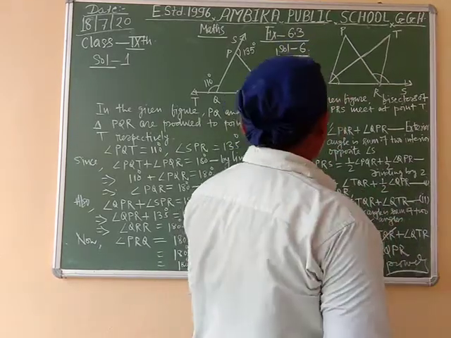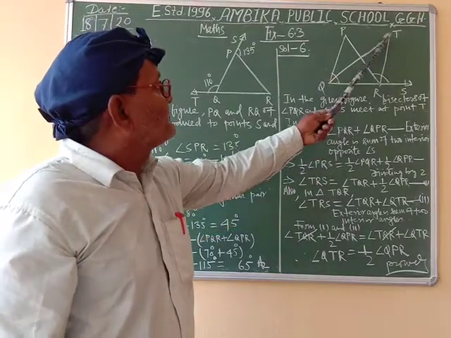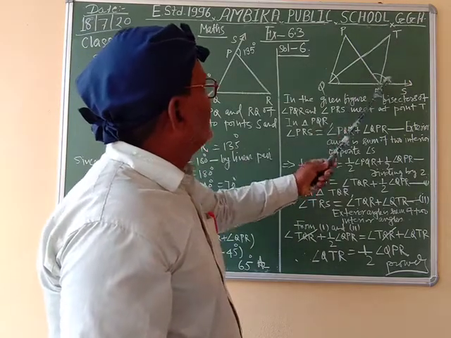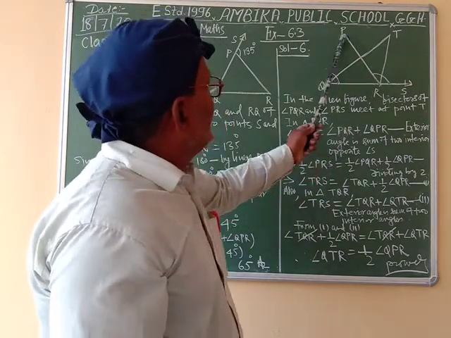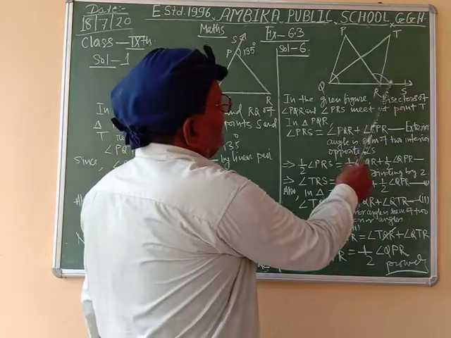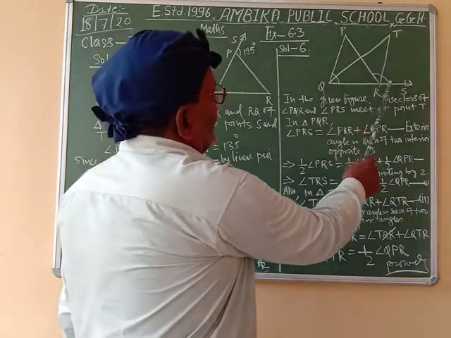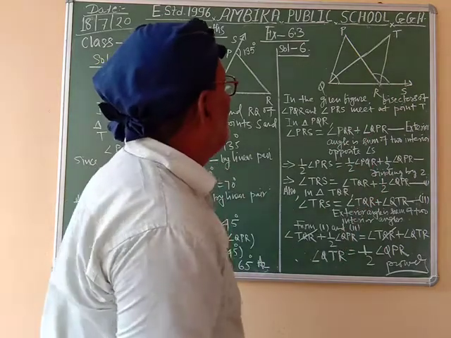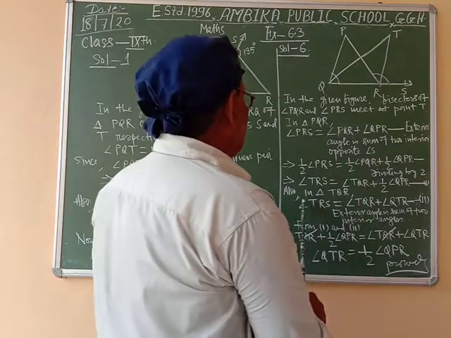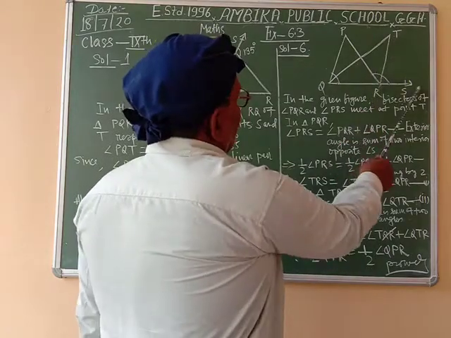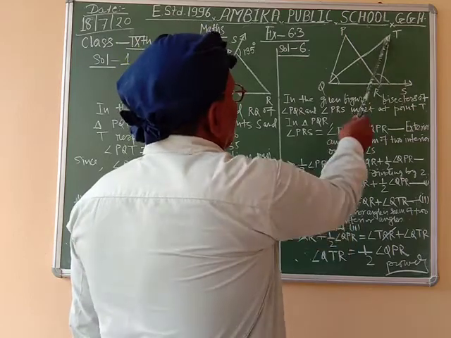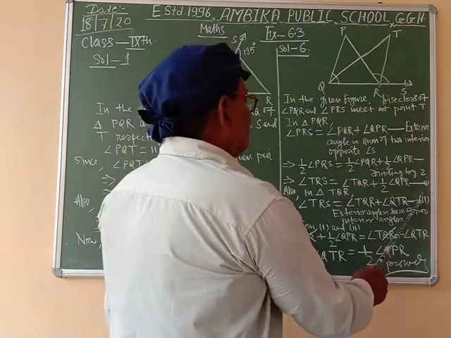Call this equation number 1. In triangle TQR, angle TRS is an exterior angle, so the exterior angle is equal to the sum of the two interior opposite angles. Therefore, angle TRS is equal to angle TQR plus angle QTR. This is equation number 2.